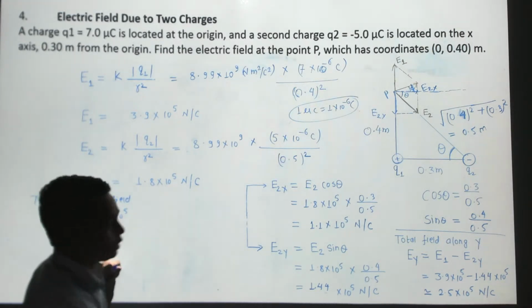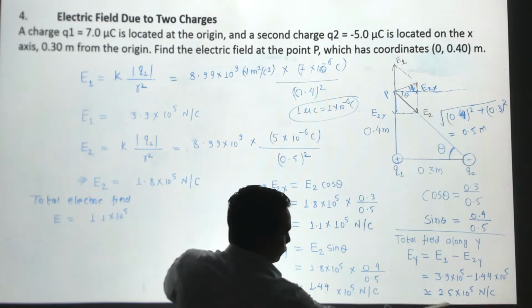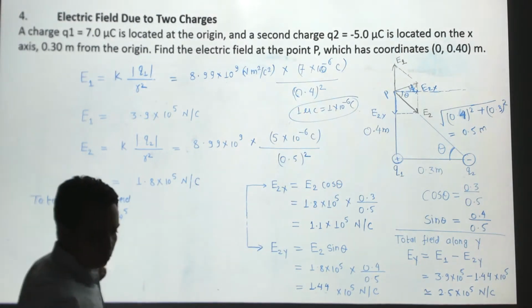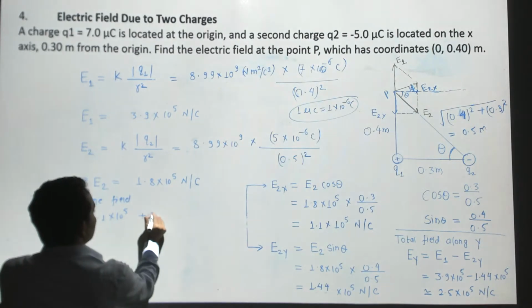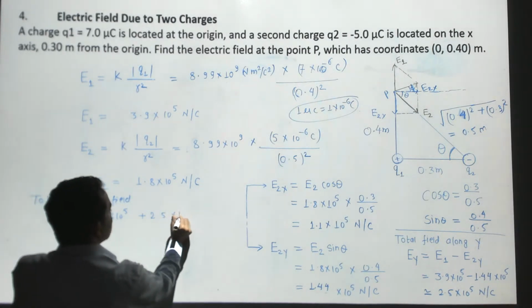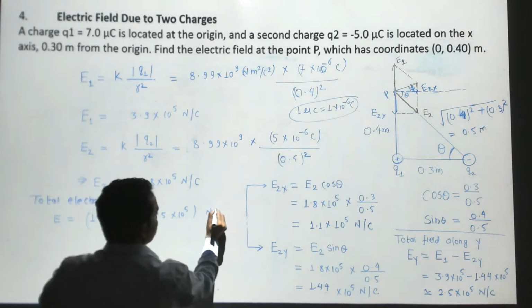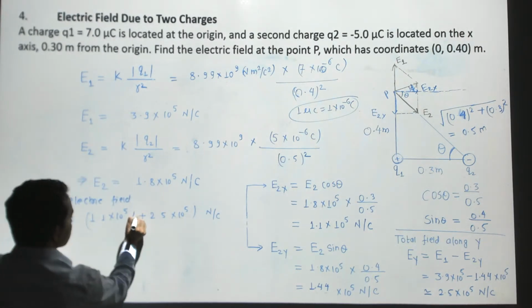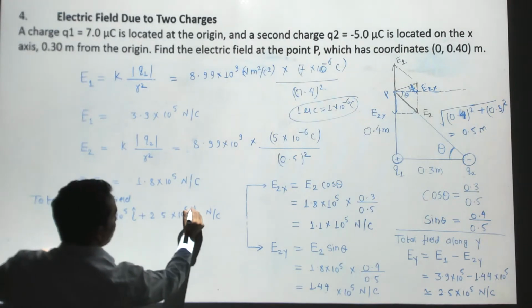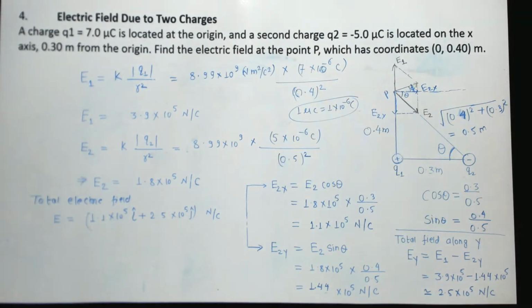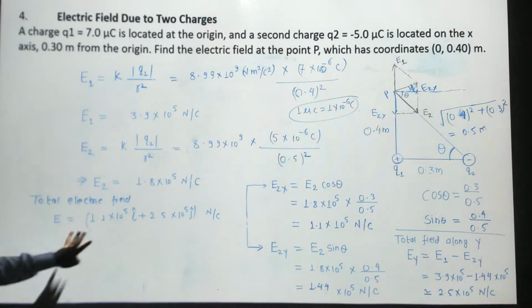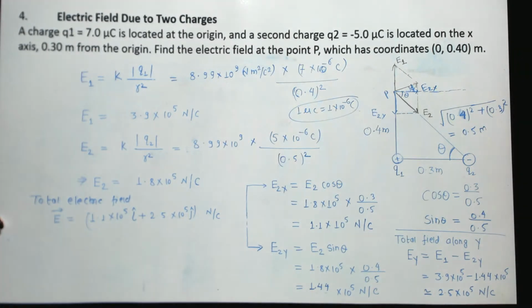And along the y-axis, what is the total electric field? This is the total electric field, 2.5 times 10 to the 5th. This is Newton per Coulomb. This is along the x-axis, and this is along the y-axis. Okay? So this is the total electric field, and I'm just putting a vector sign here.